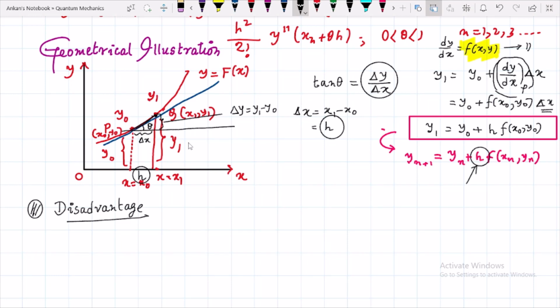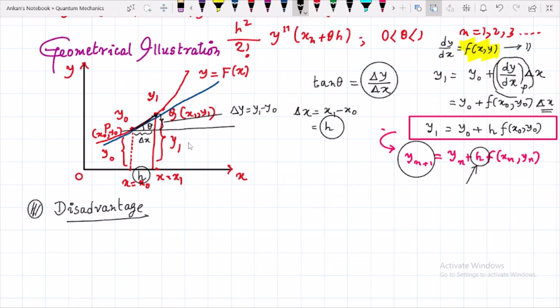If the step size is not very small, or is very large, then our actual value of y(n+1) will deviate from the true result that can be obtained by the analytical solution. So if h is not small, then the value of y becomes erroneous. As I said a few minutes ago, h must be very small, otherwise the solution of the equation becomes erroneous. This is the first point.